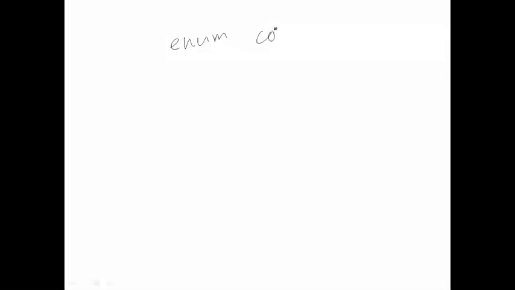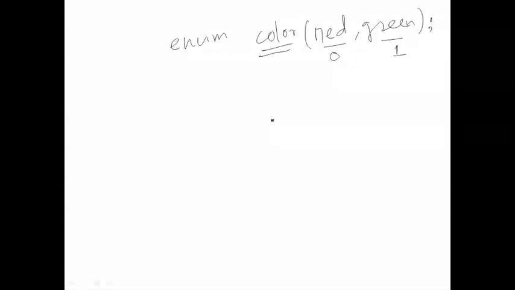Suppose you want to create a data type called color, and you are giving red, green. Here this color data type has two values, red and green, and red by default is 0, and green by default is 1.